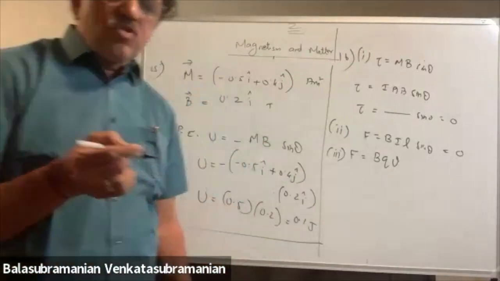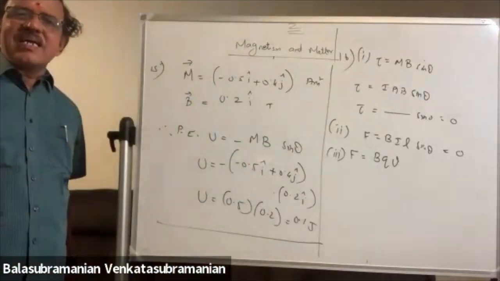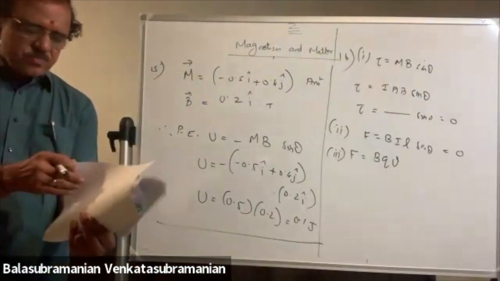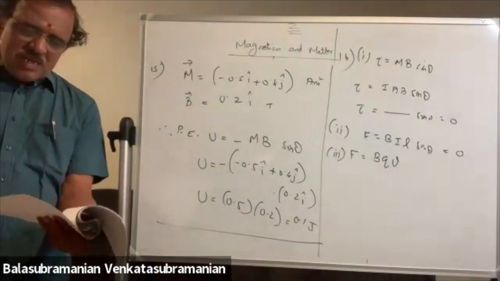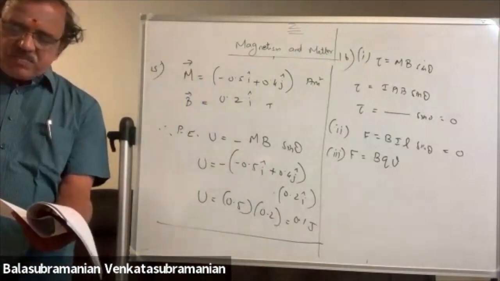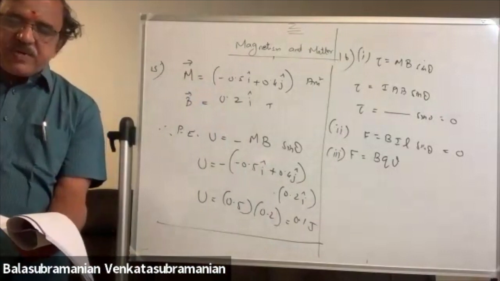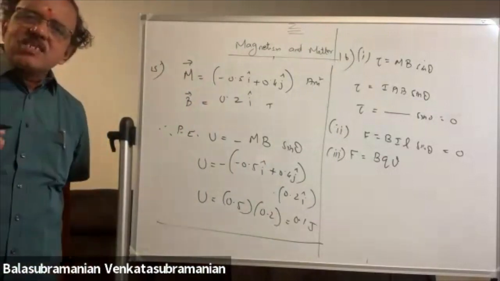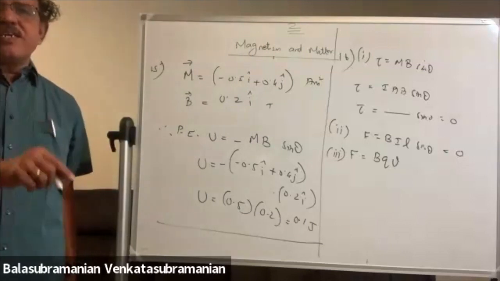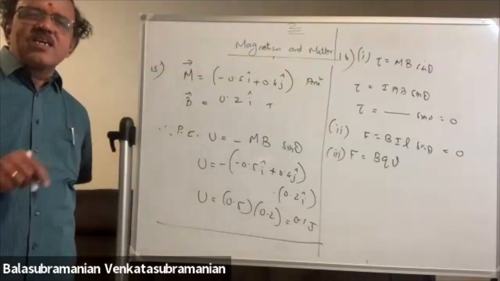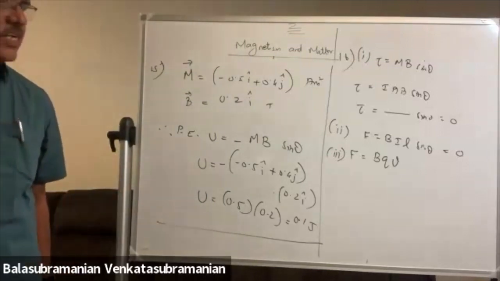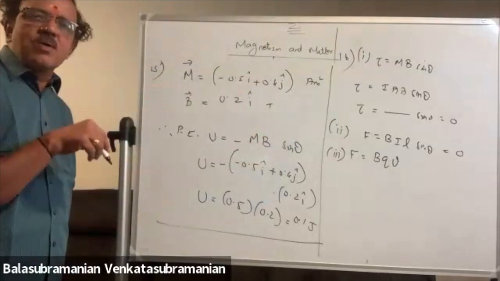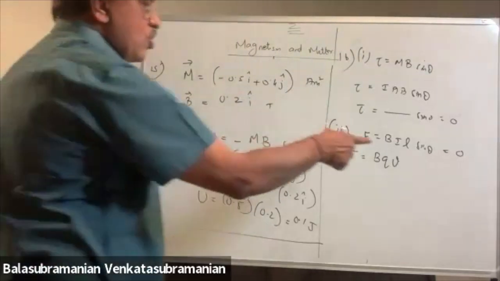The direction of movement of the electron is along the axis. The question says the current in the coil is 3 ampere and the plane of the loop is perpendicular to the direction of the magnetic field. So the direction of movement of the electron is along the field. Direction of movement along the field means theta is equal to 0, but the electron movement is normal, perpendicular. So theta is 90, so BQV sin 90.